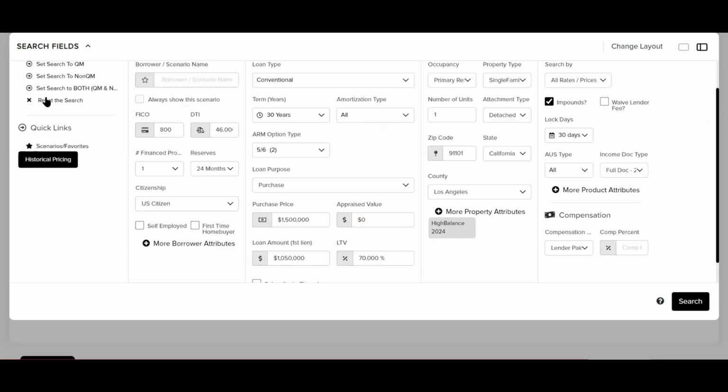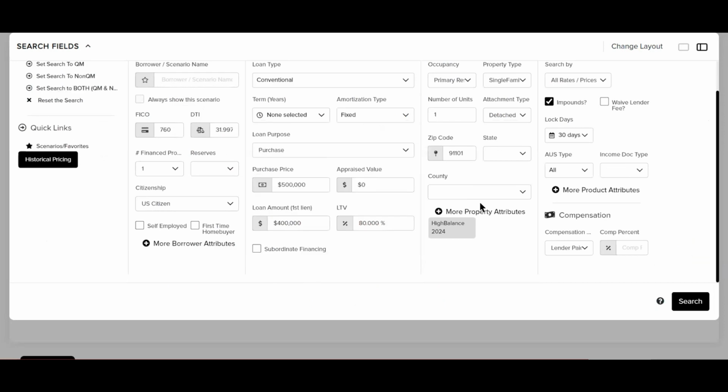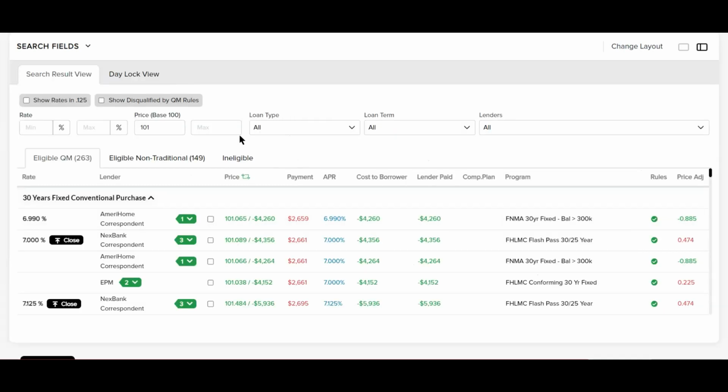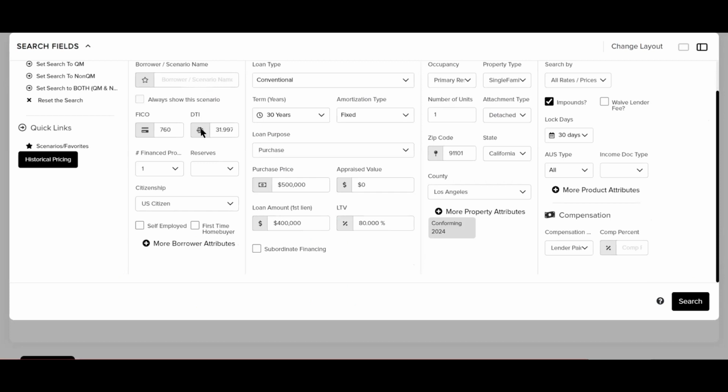Okay, so remember, reset the search when you're searching again for something. Again, you can choose multiple products if you want to compare FHA and conventional. Let's say that you're searching for this loan. It's 80% loan to value. Let's bring it up to a 90% loan to value.